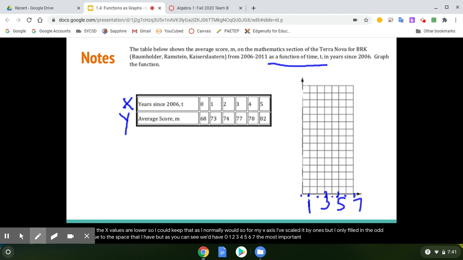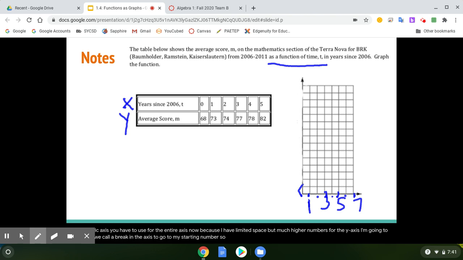The most important part here is whatever scale you choose for a specific axis, you have to use for the entire axis. Now, because I have limited space, but much higher numbers for the y-axis, I'm going to draw what we call a break in the axis to go to my starting number.